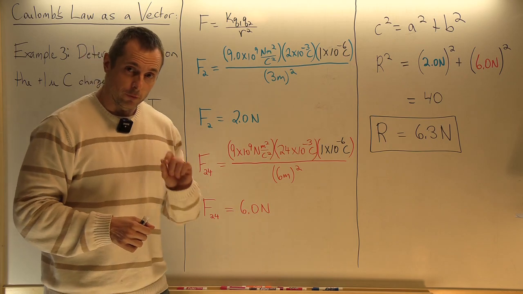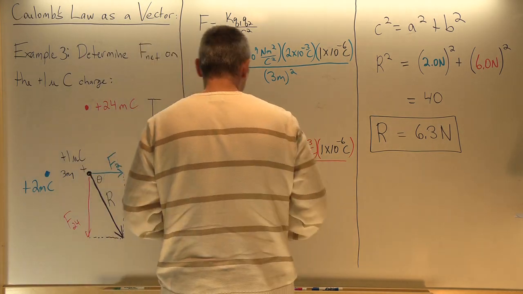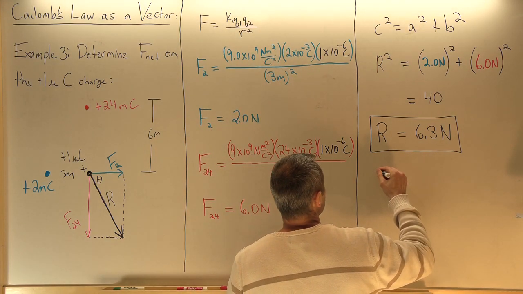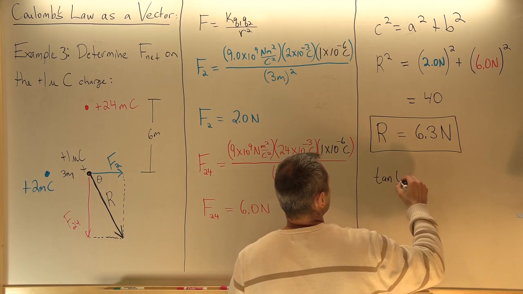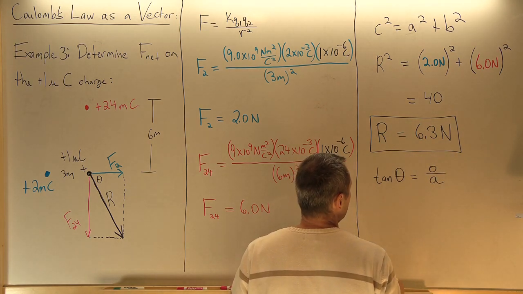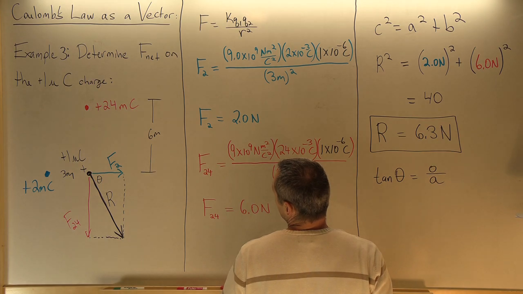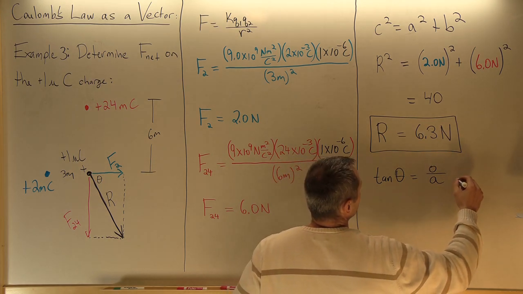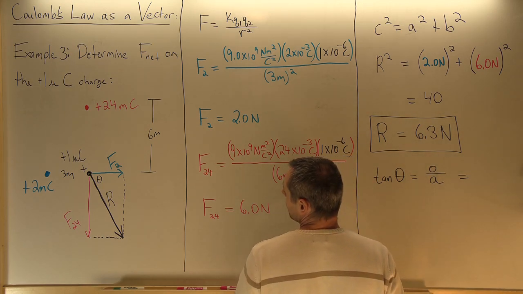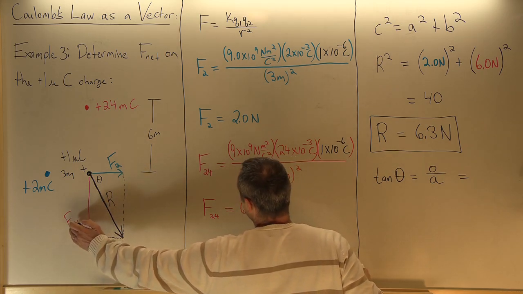Next, force is a vector. It has a direction, so I have to find the direction. As you can see, I put a theta over here. So I could use tan theta. Tan theta equals opposite over adjacent, maybe I'll write. Opposite will be this one, which is the 6 newtons, the same as this 24.